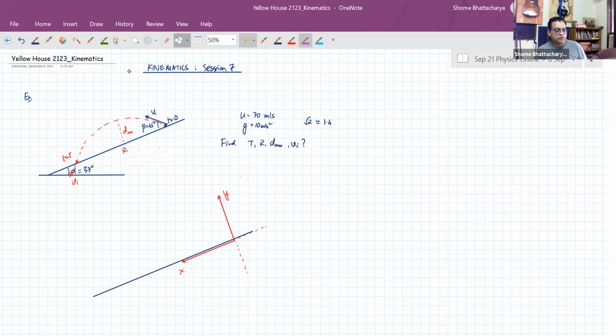So our initial velocity vector is like this, and our acceleration due to gravity vector will be like this.